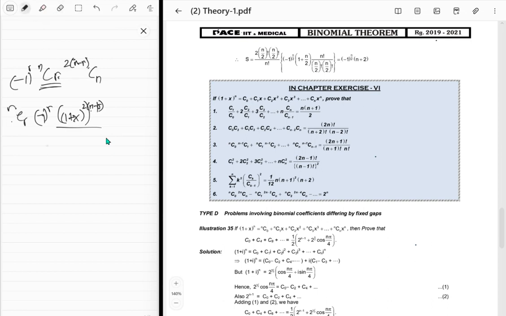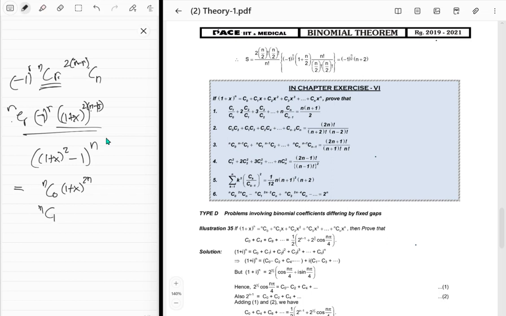So now this thing looks like a term from a binomial expansion. What kind of binomial expansion? This thing, 1 plus x squared, so 1 plus x, that thing, whole squared, minus 1 to the power of n. So notice that this will just be nc0, and then you got 1 plus x to the power of 2n, and then you've got negative 1 power 0, so it's positive.